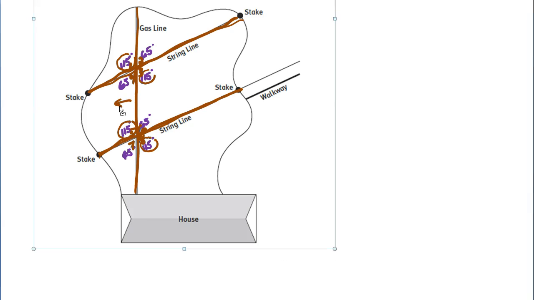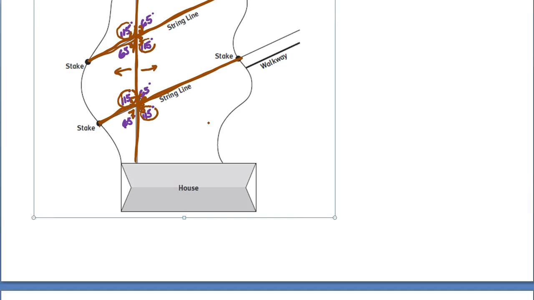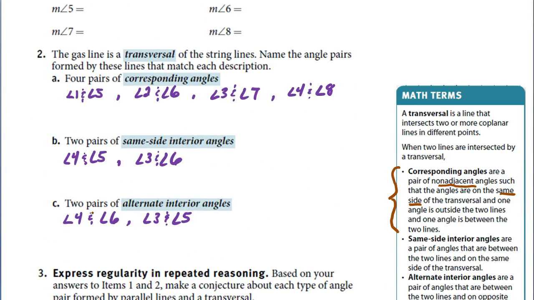So over here on the left side of it, that angle and that angle are on the interior of the parallel lines. Those are same side interior angles. Likewise, over here on the right side of the transversal, these 2 angles are same side interior angles. And so we have angle 4 and 5 and angles 3 and 6.